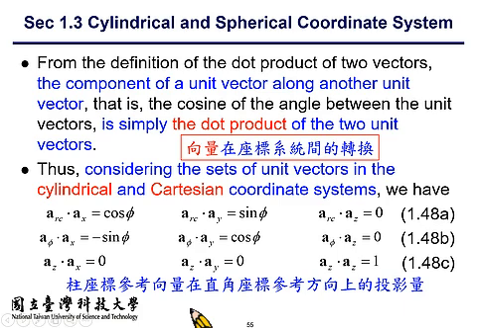That is the scalar product of reference directions in both cylindrical and Cartesian coordinate systems. So you have AR dot AX, AR dot AY, and AR dot AZ.